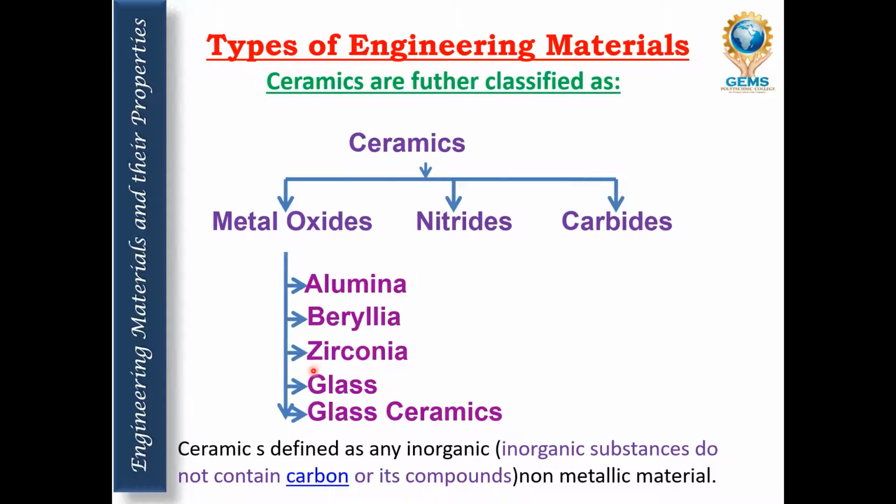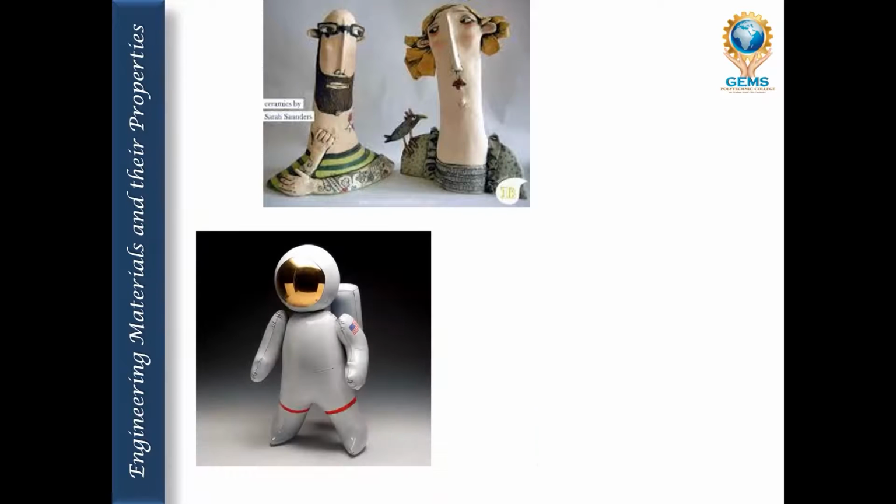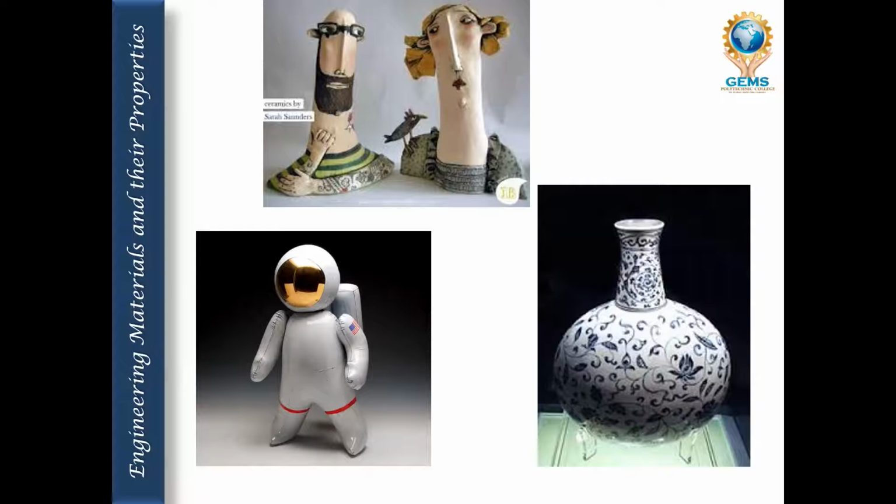Glass ceramic, we all know what glass ceramic is. Glass ceramic has shiny polished surfaces. For example, if you take a toilet, or a cup and saucer, they are made of ceramics. So these are examples of ceramics. You can see all those pictures.